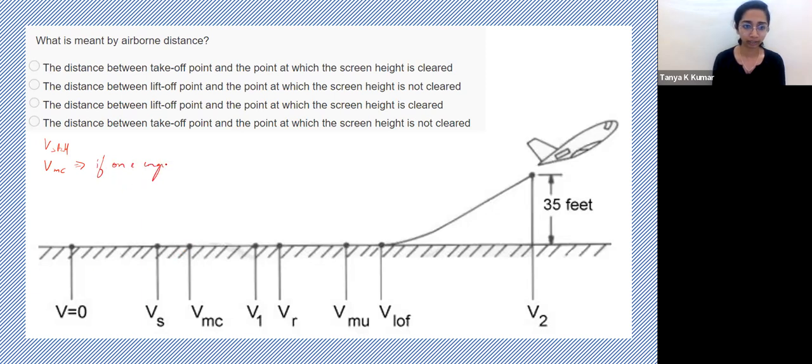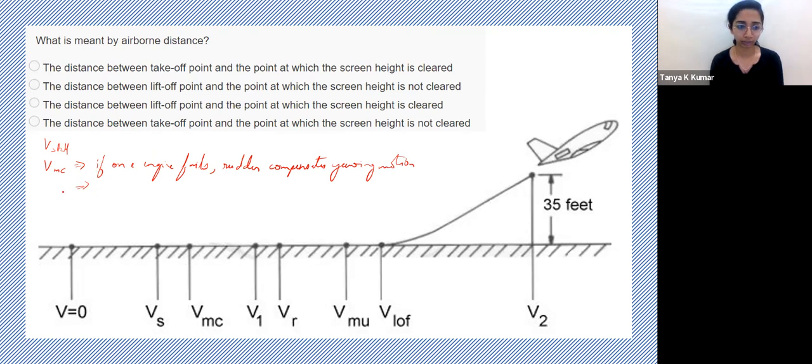If one engine fails, there is a yawing motion. The speed at which the rudder is able to completely compensate the yawing motion is VMC. But what he says is the speed at which it becomes operational, which I think amounts to the same thing. Okay, let me look into that again.